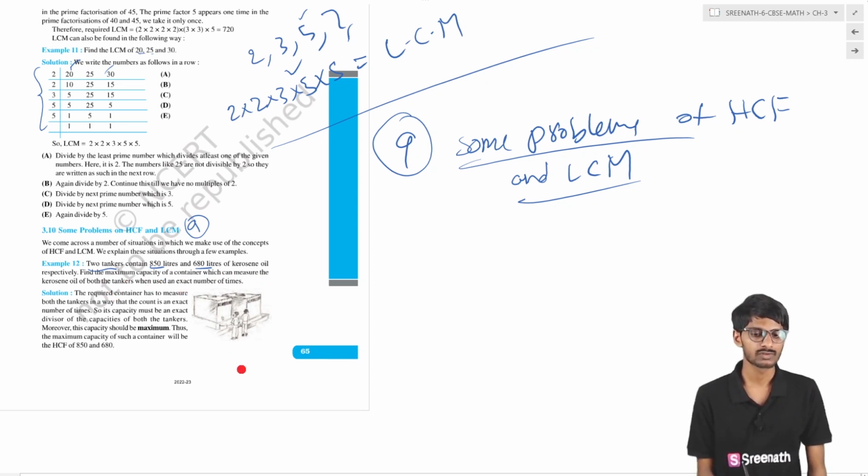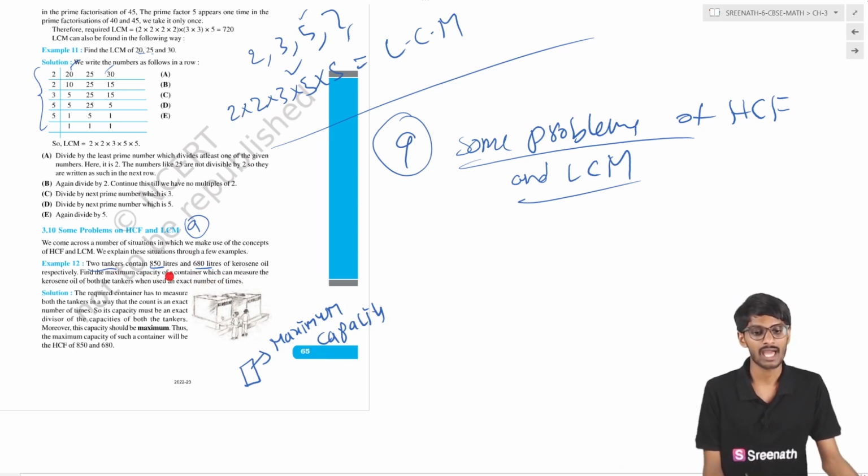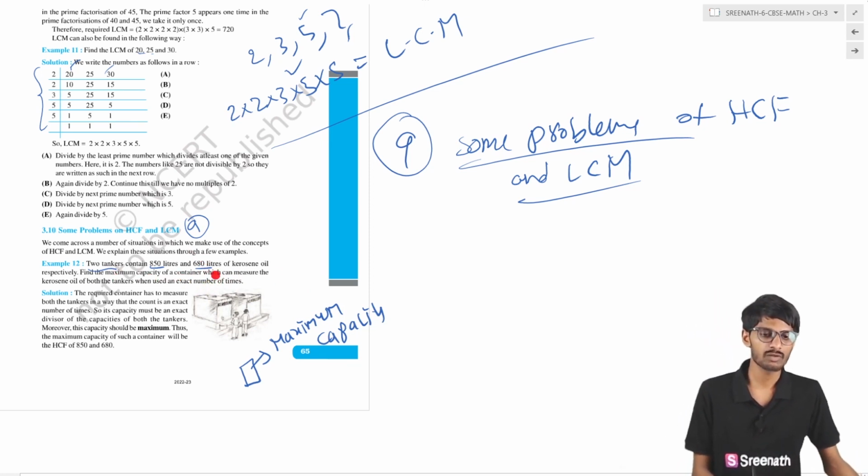So there is a container and we have to find out the maximum capacity of that container, which can measure the kerosene oil of both the tanks.